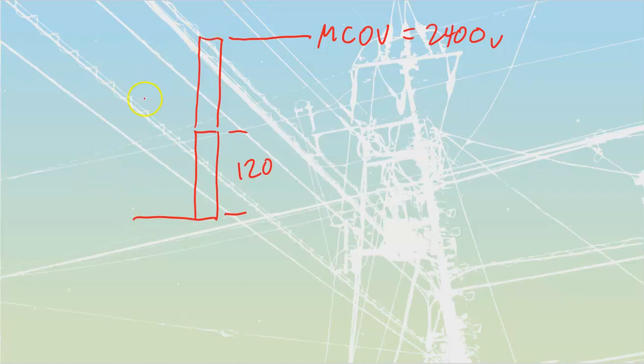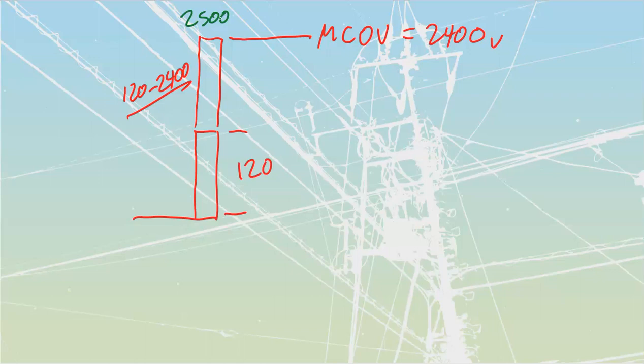In other words, if I get a surge that comes through that is anywhere between 120 and 2400, I can clamp. I can cut off all that excess voltage that's in between there, and I can clamp to that. However, if I exceed the MCOV, if I'm above there, let's say 2500, that's where this thing no longer works. It's the maximum voltage rating.